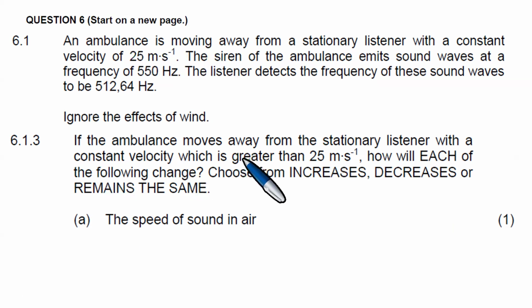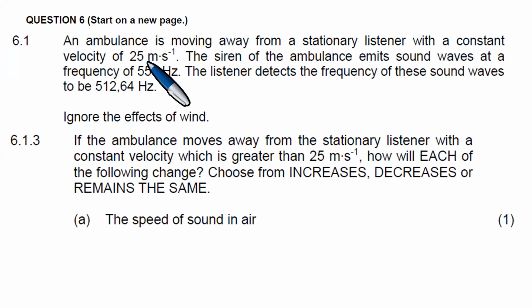If the ambulance is moving away from the stationary listener with a constant velocity which is greater than 25, because here it's moving away from a stationary listener with a constant velocity.